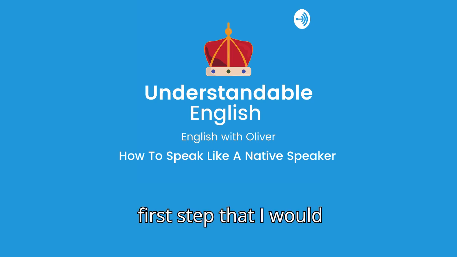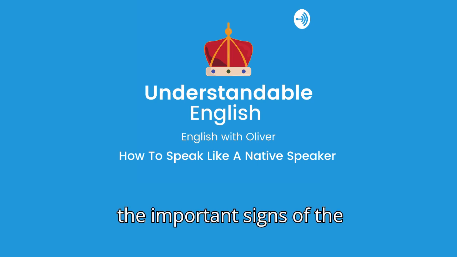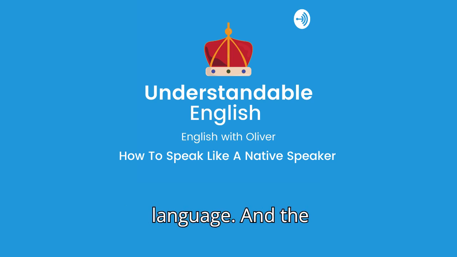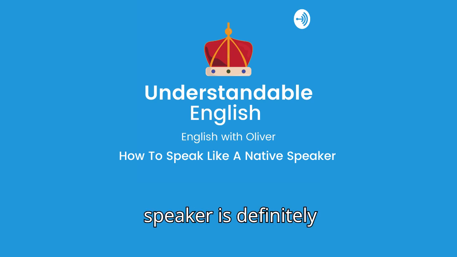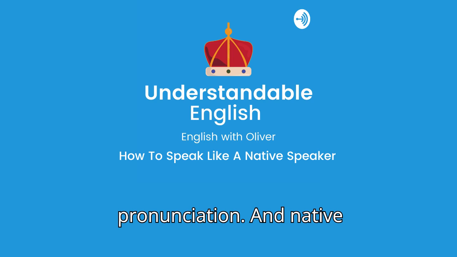Okay, so the first step that I would usually advise learners to look at is sounds. So these are the important sounds of the language and the pronunciation. So the first step in speaking like a native speaker is definitely pronunciation.